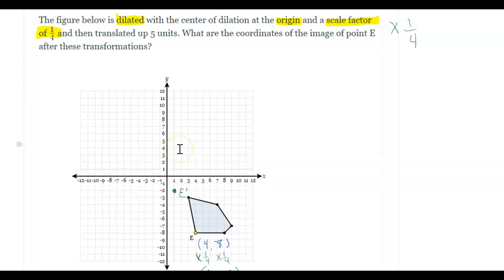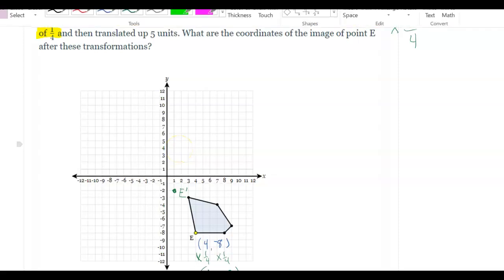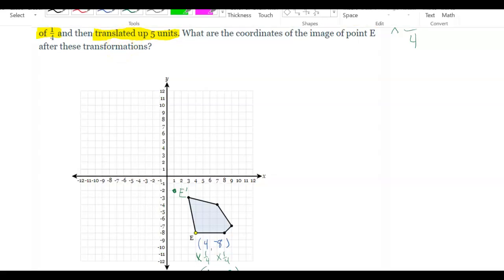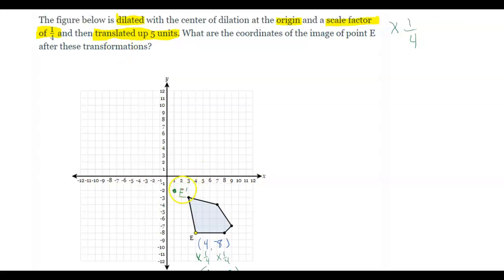So then next up, we're going to look at our directions there. And it says that then it is translated up 5 units. So we have to remember that a translation means to slide. So that means that I am going to slide this new image up 5 units. Up 1, 2, 3, 4, 5.